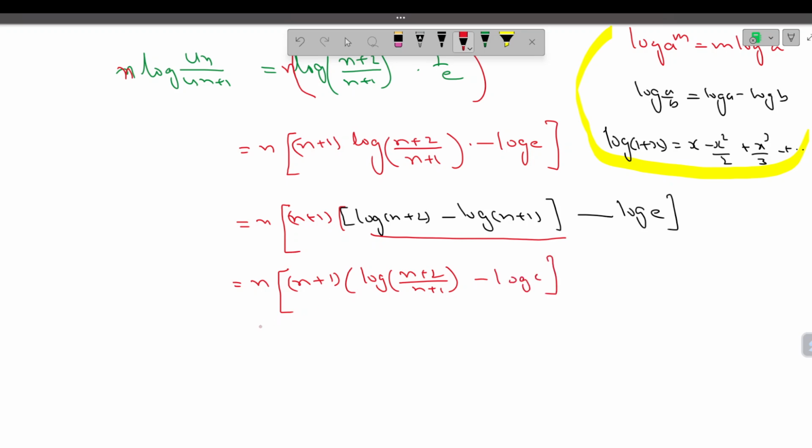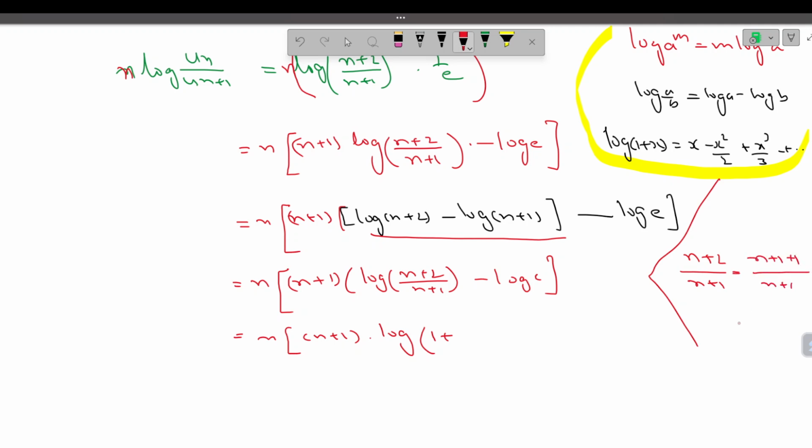Let me write down one step. Now, this can be written as n plus 1, taking n common. So this will be 1 plus, you see, n plus 2 by n plus 1 can be written as n plus 1 plus 1 by n plus 1.